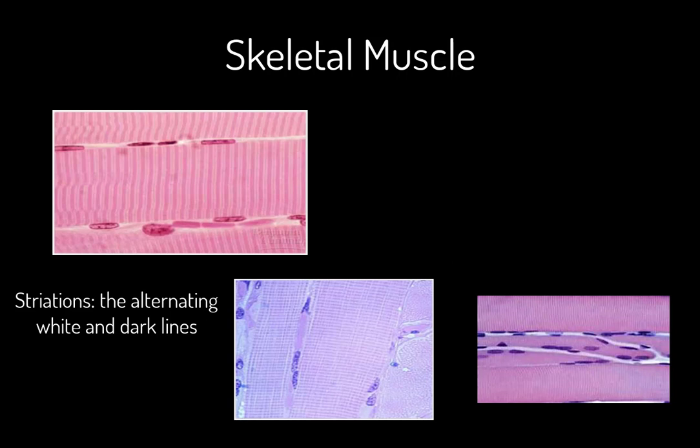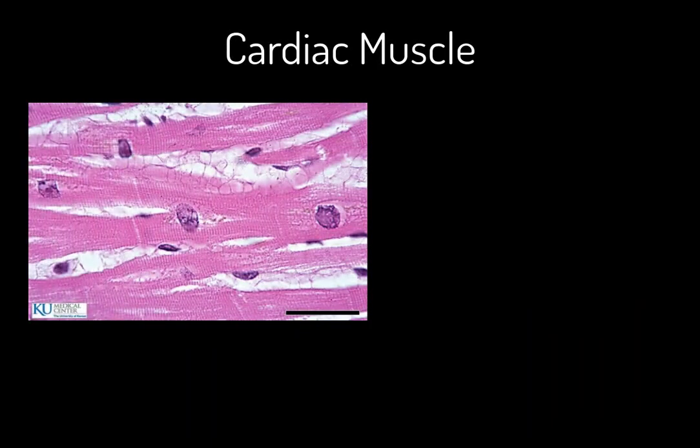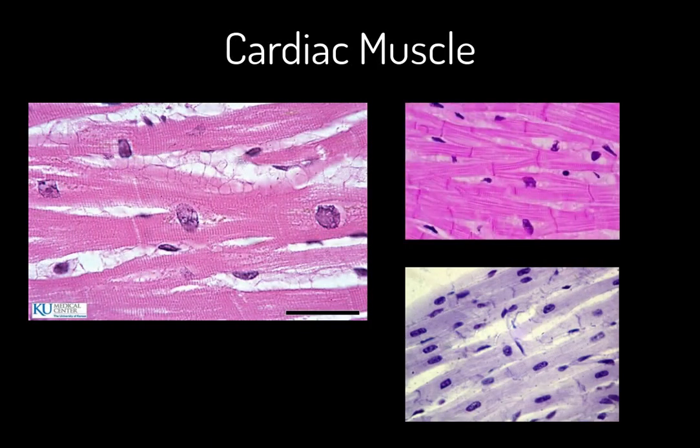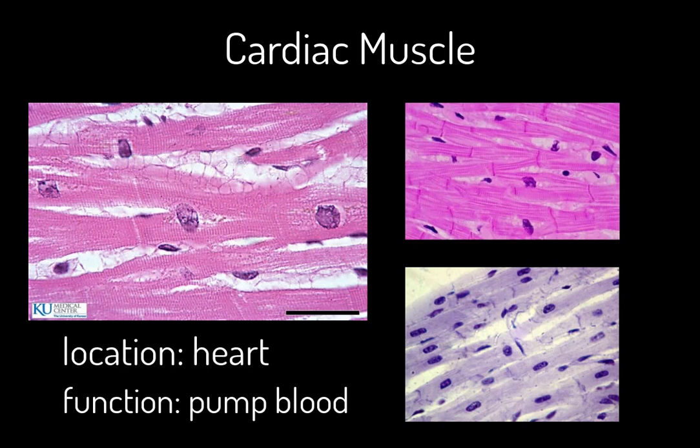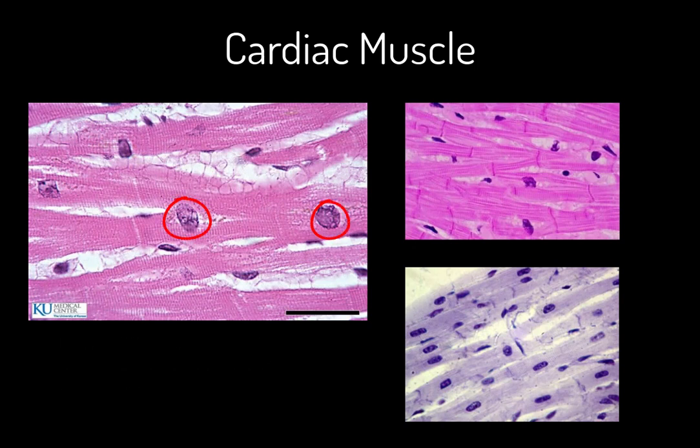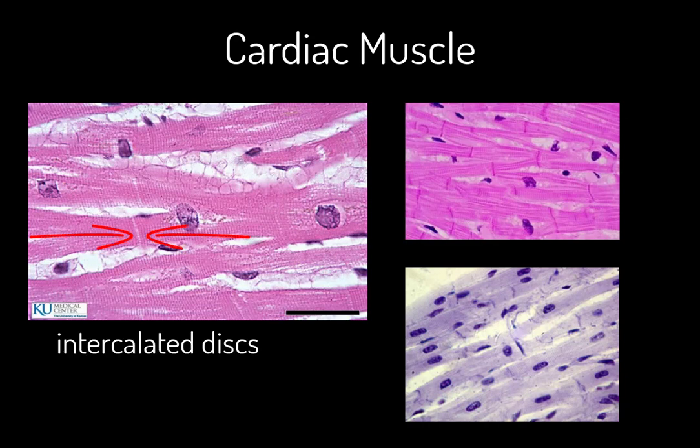Those are ways that you can tell you're looking at skeletal muscle rather than cardiac muscle, because cardiac muscle is also striated. But a couple things cardiac muscle has are the nuclei are pretty big and centrally located. If you look at the muscle fibers, they also branch, or it's called bifurcate, which means they either go to the right or to the left. And they also have intercalated discs.